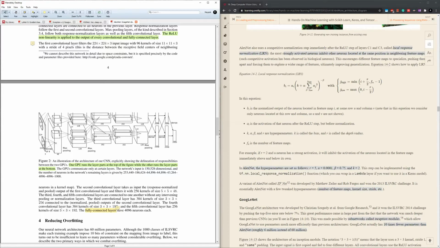I guess my feeling is that because Geoff Hinton was a co-author of the paper and he was all about trying to implement the brain, the processes in neurobiology, into computer software, and this local response normalization is a biological phenomenon that apparently they find in neurobiology. So I think he was trying to implement that and maybe found that it helped.